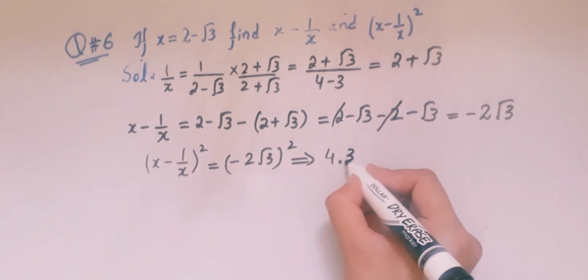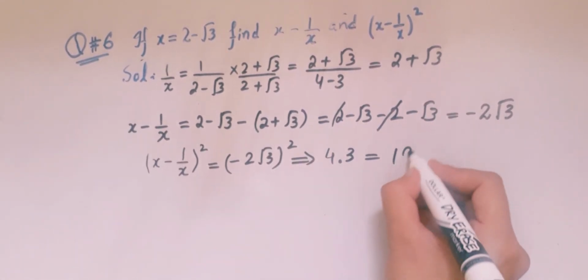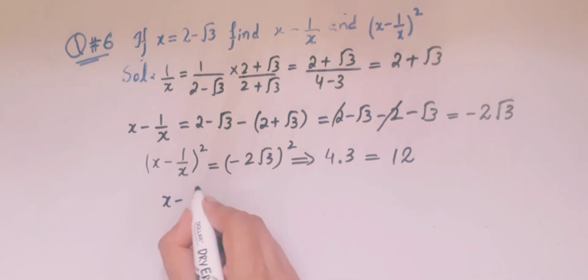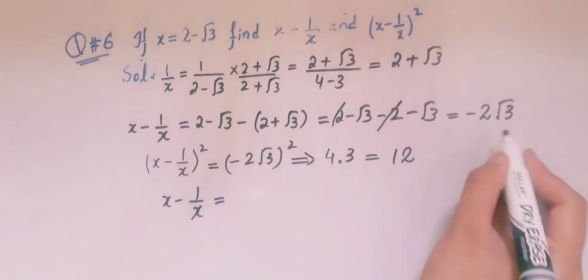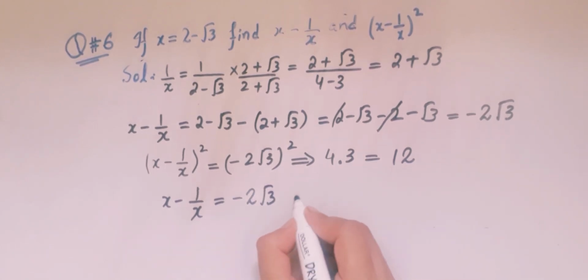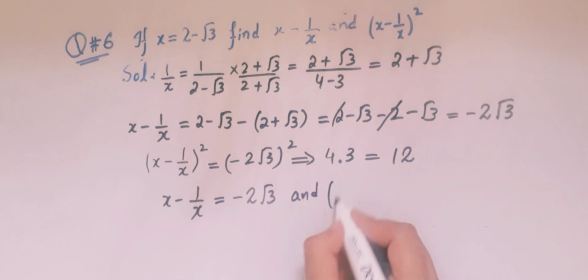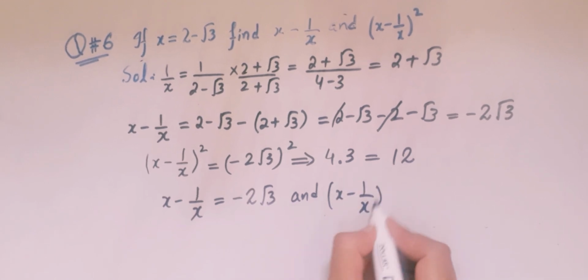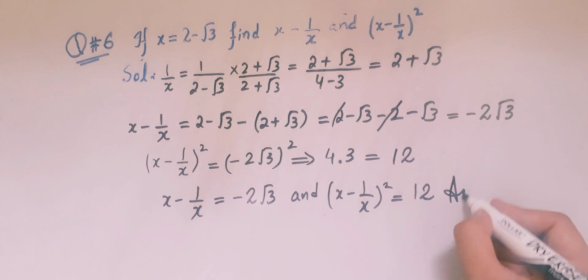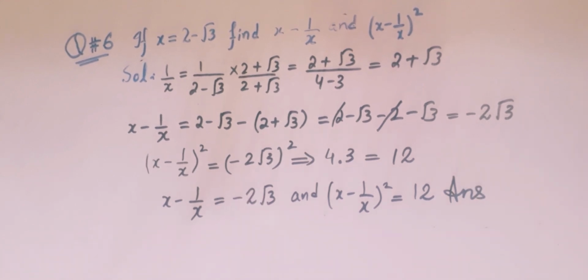So we have only 3, which is equal to 12. So the value of x minus 1 over x was equal to minus 2 square root of 3 and x minus 1 over x square is equal to 12. So these are the answers of this part. I hope you easily understand.